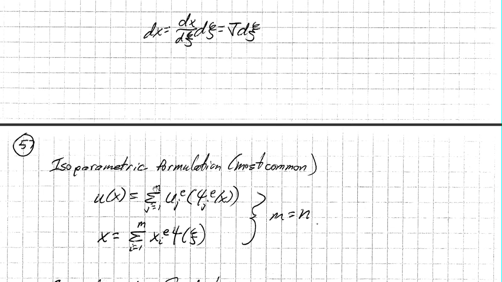So far in these 1D problems we've typically focused on n being 2, but remember, this is the solution of, say, your displacements or temperature or whatever the physics of the problem is. This is your coordinates, so we're doing an additional interpolation on these coordinates, and if you use the same approximation of your integral, here it's i from 1 to m, here j from 1 to n. If m equals n, then you have an isoparametric formulation.